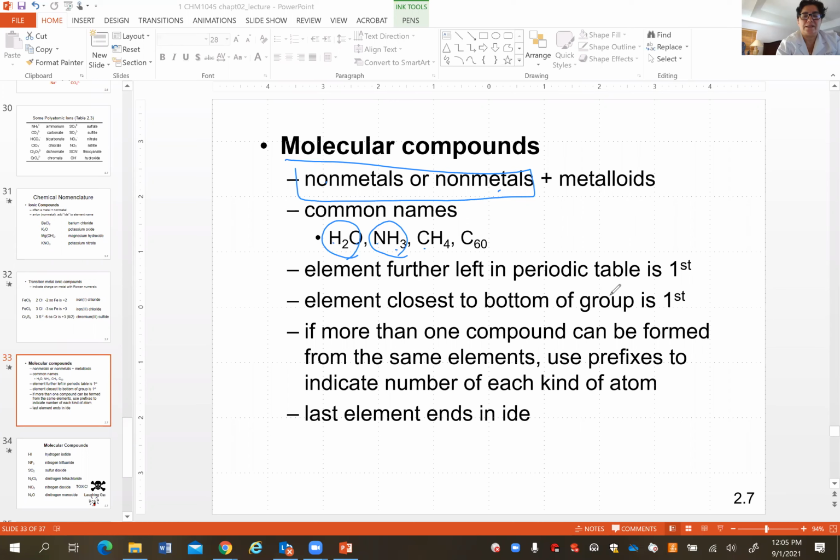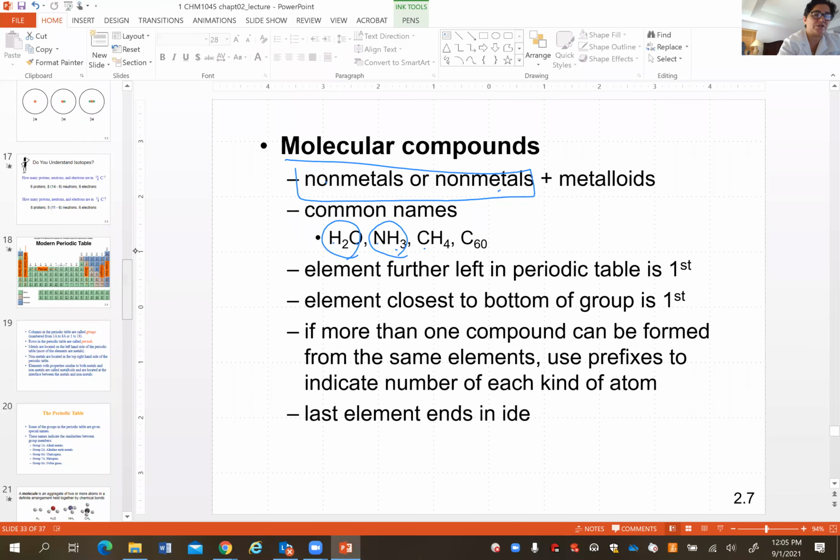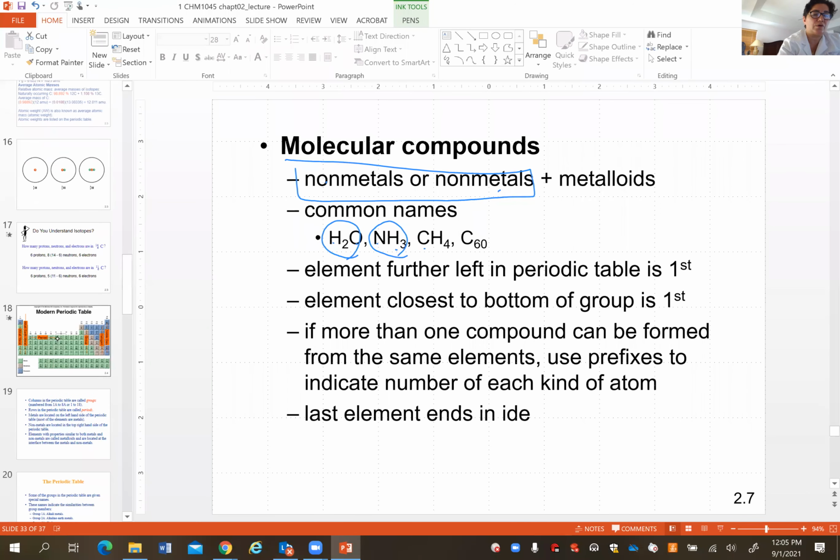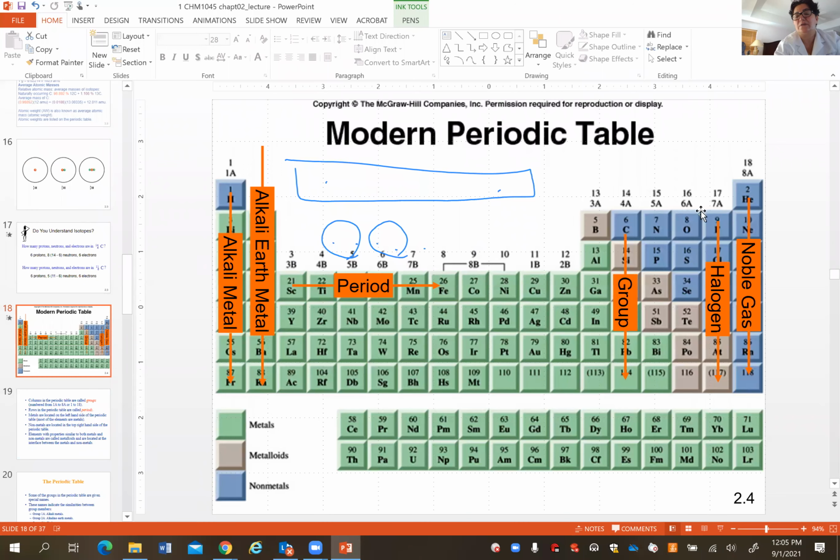So elements on the right side of the periodic table are non-metals. If you have a combination of two or more of these blue elements, the blue ones are the non-metals, it's going to give you a molecular compound.